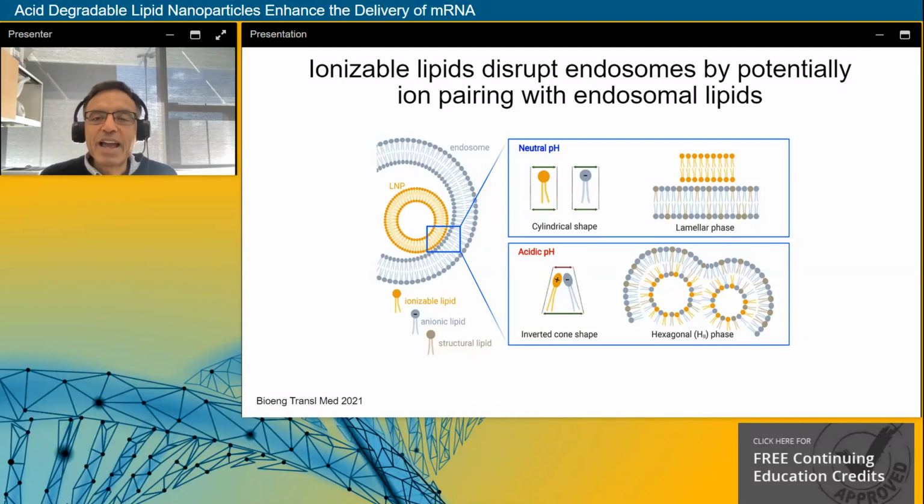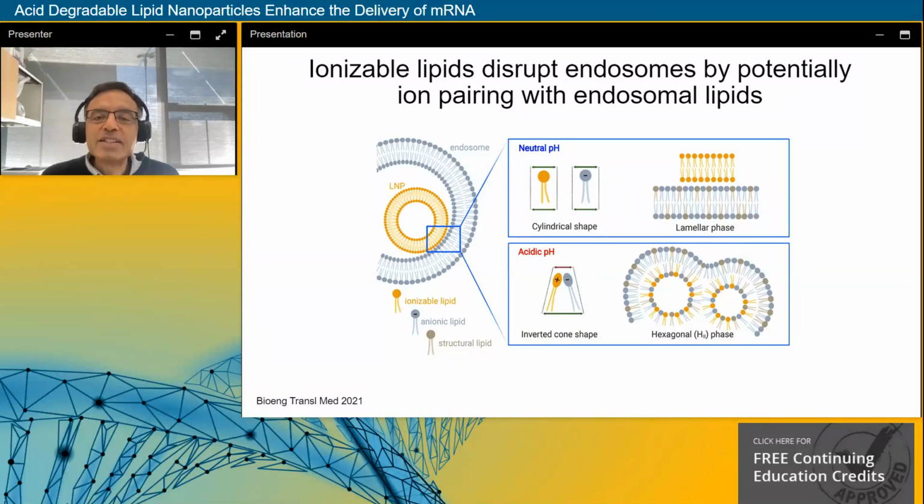And it turns out that at neutral pHs, when the ionizable lipid is neutral, so at pH 7.4, it's not charged, then it has a cylindrical shape and forms lipid bilayers. And because it's a bilayer forming lipid at pH 7.4, it's not membrane disruptive. This is absolutely critical. If it was membrane disruptive at pH 7.4, it'd be very toxic, too toxic to use.